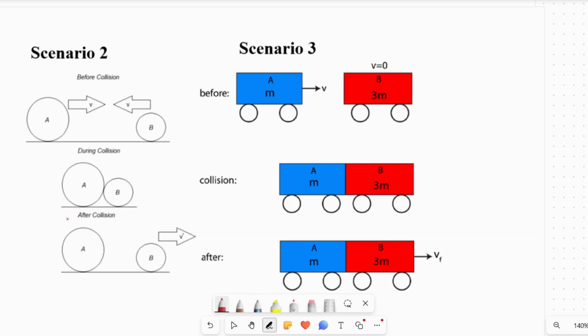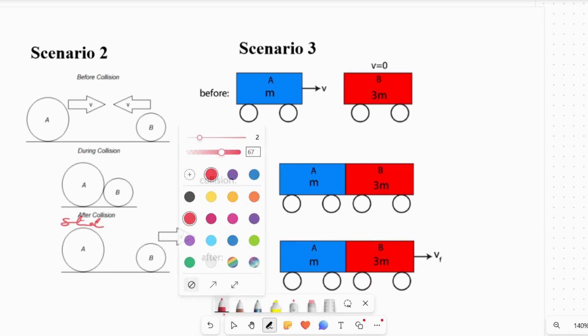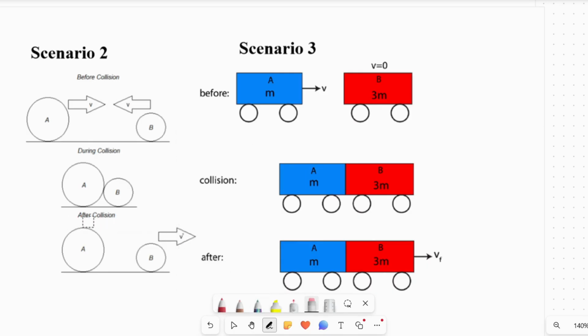Let me just use rest because it's easier to write. So after collision, the velocity of this one is going to be 0 because it has become rest, and the velocity of the other is going to be unknown. That is scenario number 2 that we might have.